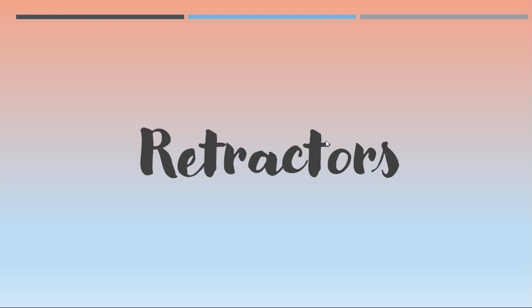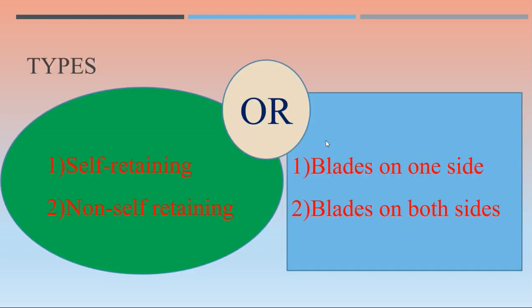So these are retractors. We can classify the various retractors in two ways. The first classification is self-retaining or non-self-retaining. Self-retaining means that once applied, we don't need to again apply force to retain the traction or retraction.